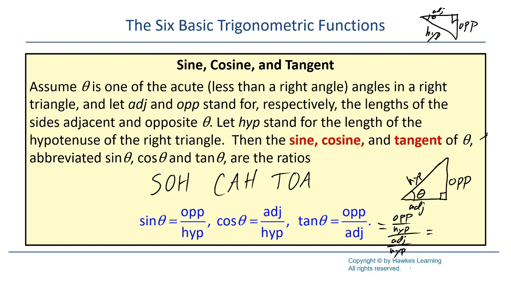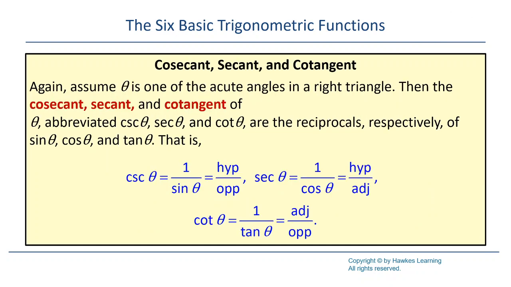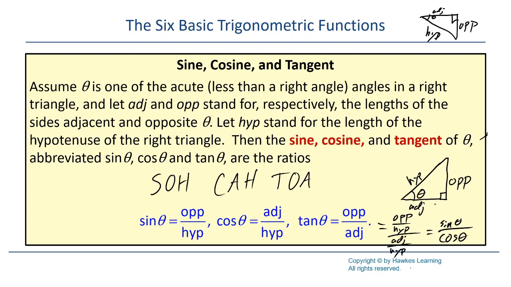But because the hypotenuse would cancel out, we treat tangent as opposite over adjacent. But tangent is also sine of theta over cosine of theta, which also means that cotangent is cosine of theta over sine of theta. So that's another way to think about these.